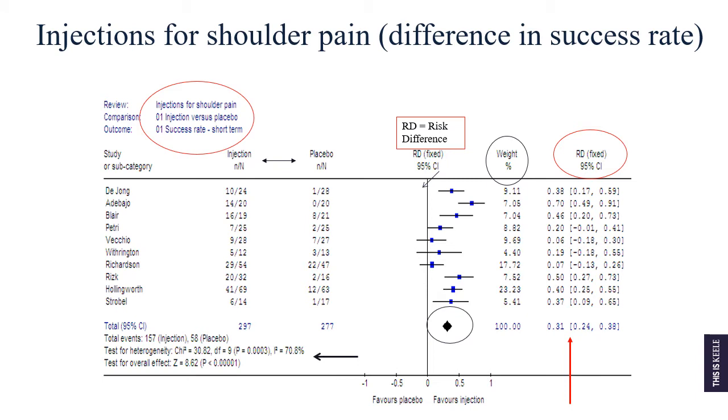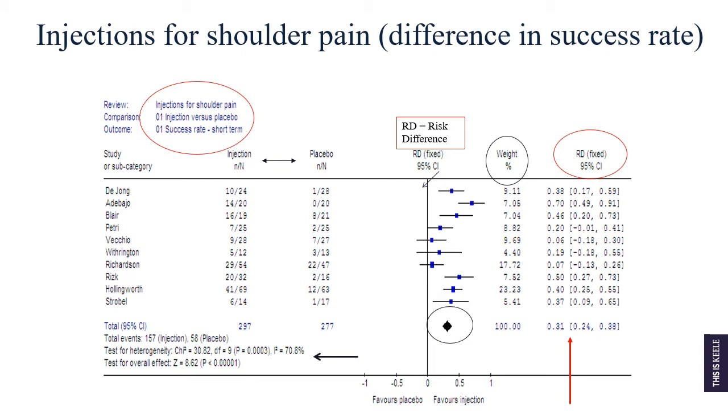The horizontal line through each square is the 95% confidence interval. So for each one, we are 95% sure the estimated risk difference is along that line, and on average it will be where the square is. The vertical line at 0 is the line of no difference between the intervention and the placebo.